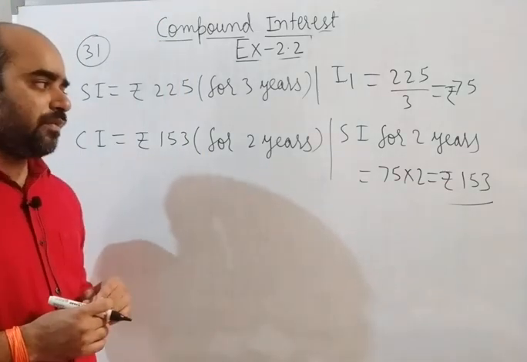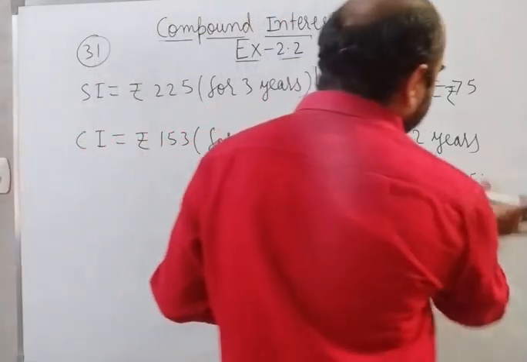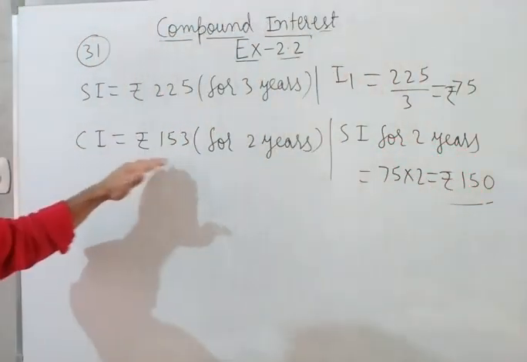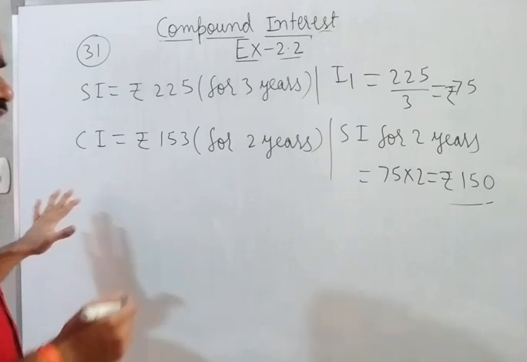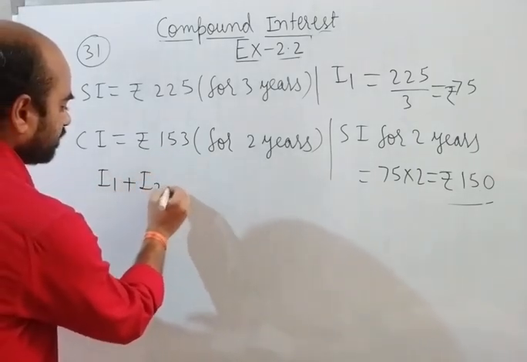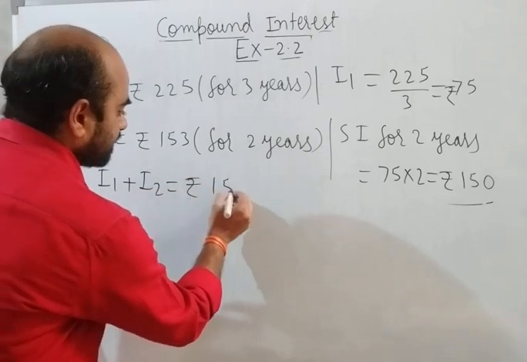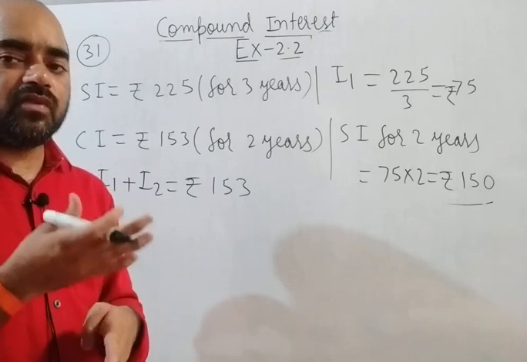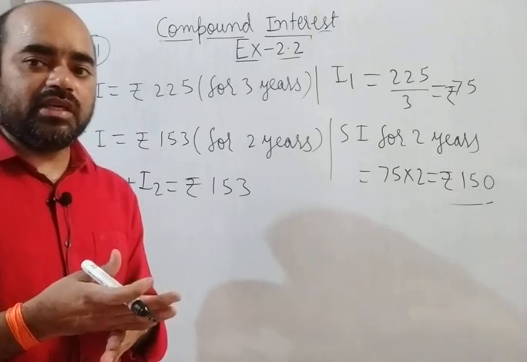Sorry, this is 150. Now compound interest for 2 years means nothing but I1 plus I2, interest for the first year plus interest for the second year, okay?